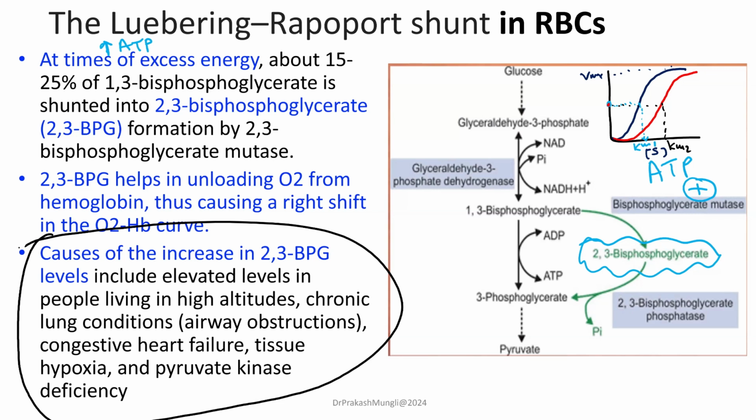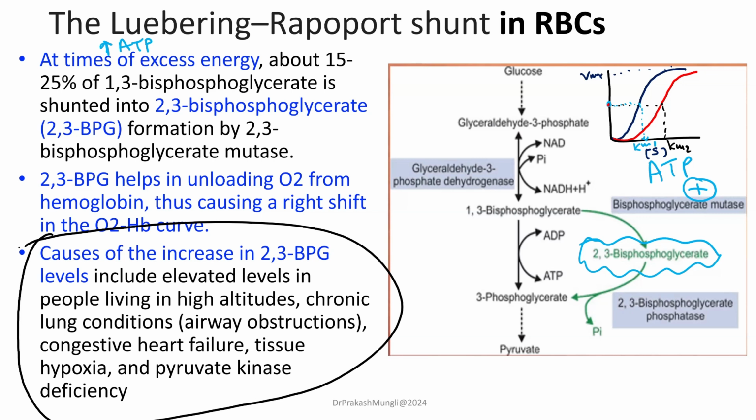Only 2, 50% unloading in you and me. That's the fact. Whereas in them, when it is loaded, maybe only 3 sites are loaded, or maybe 2 sites are loaded, not full. But whatever is loaded, it has to be unloaded. So that's how the presence of 2,3 BPG makes a difference. So people living in high altitude will have a higher concentration of 2,3 BPG.